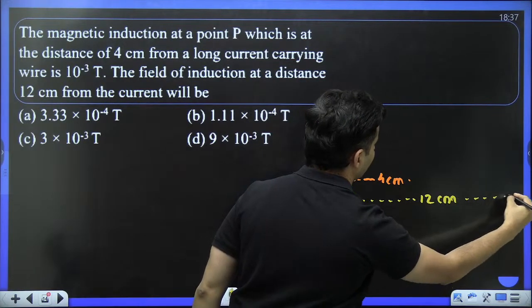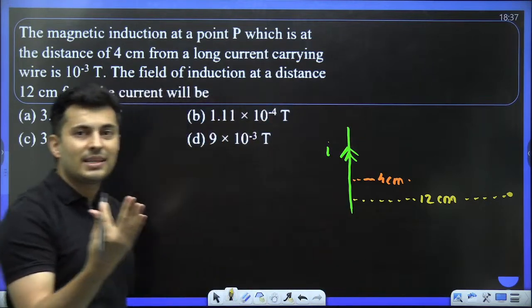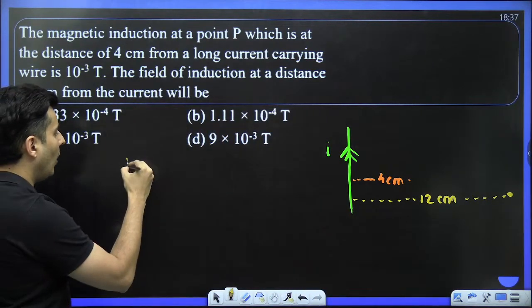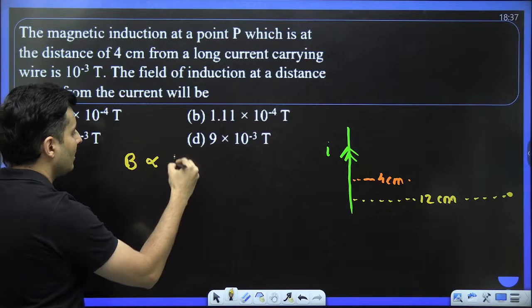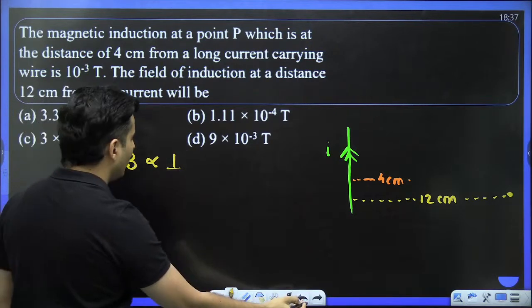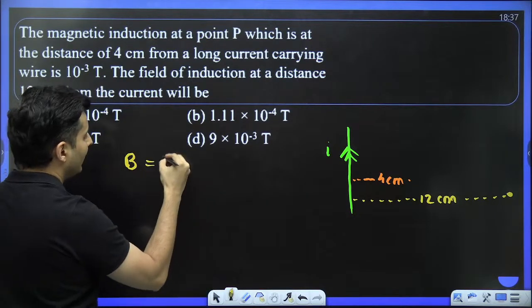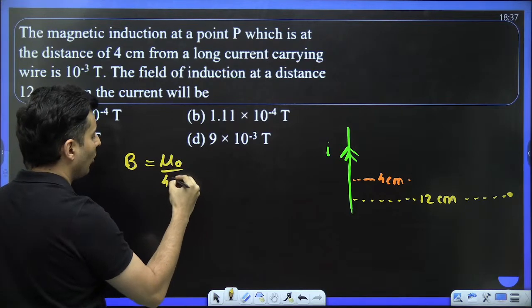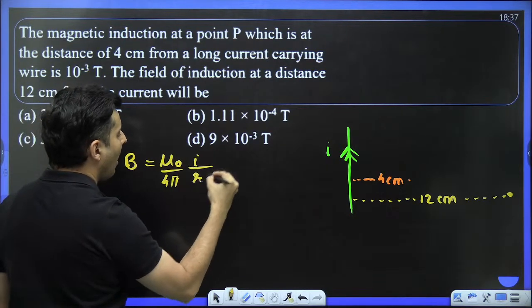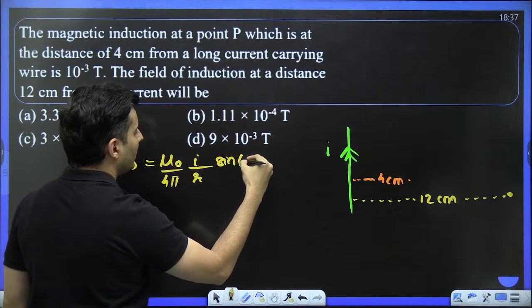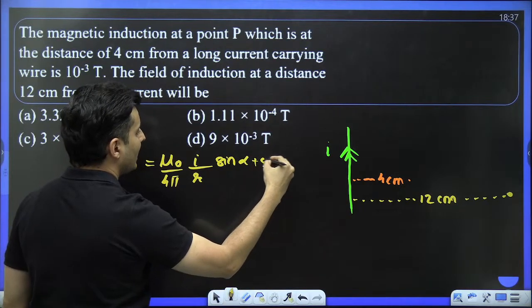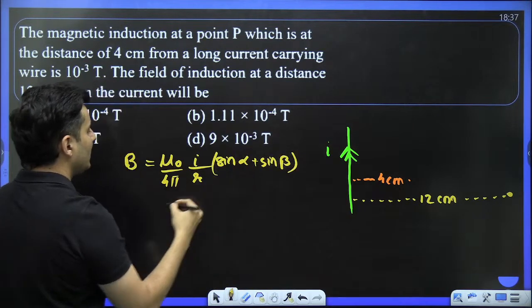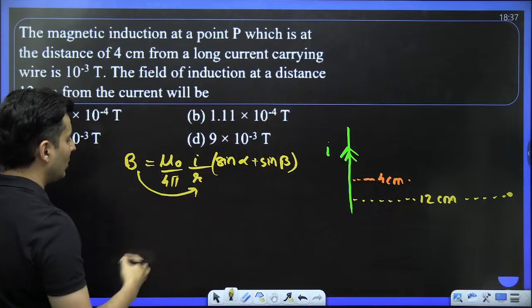So what is changing? Basically, R is changing, and we all know magnetic field is inversely proportional to R. Any long wire formula is something like mu naught by 4 pi, I by R, times sine alpha plus sine beta. So it is inversely proportional to R.